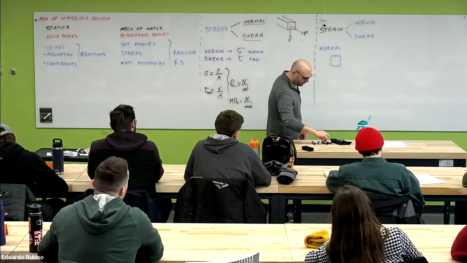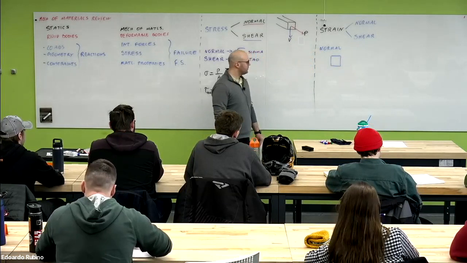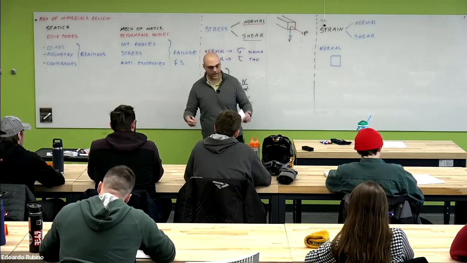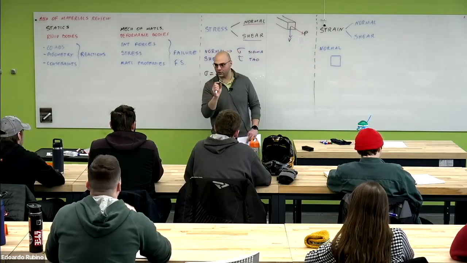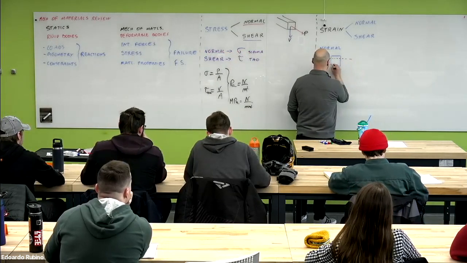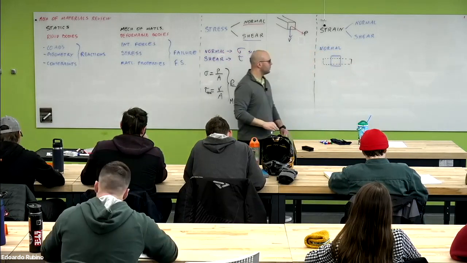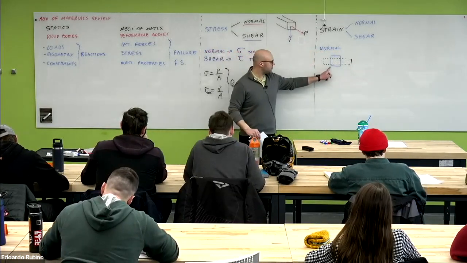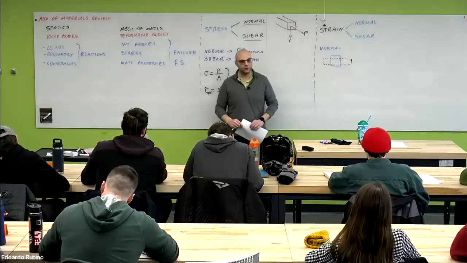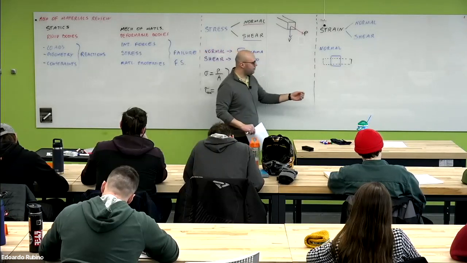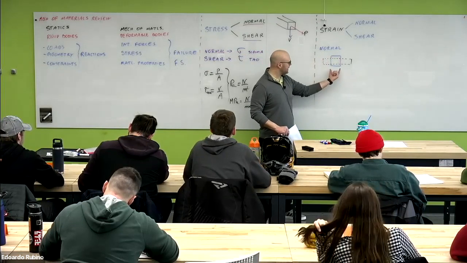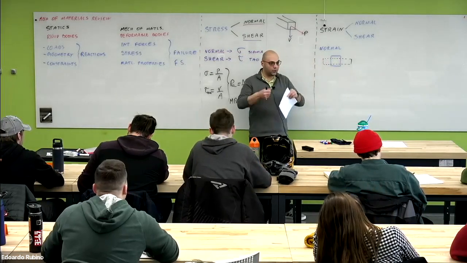if this is the element before we apply the load, if we have a normal strain, it means that we change the dimensions of this element of volume. So this one in blue would be the initial configuration, and this one in black would be the final configuration. So we have a positive strain in this horizontal direction because the length of the element of volume increases.